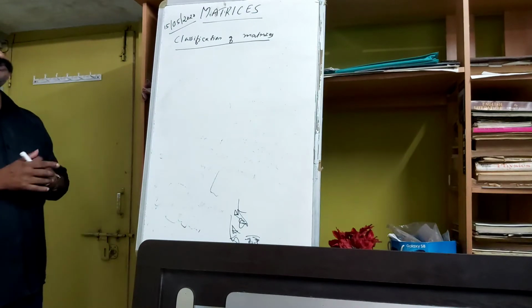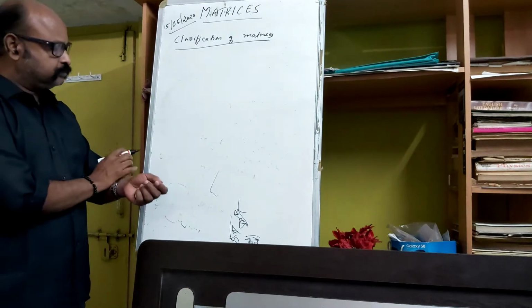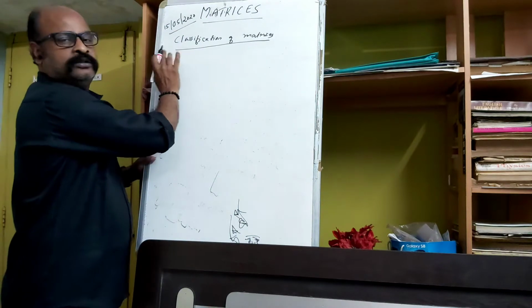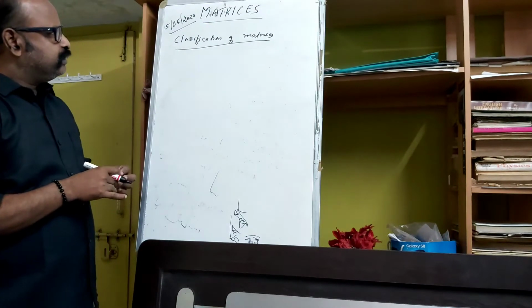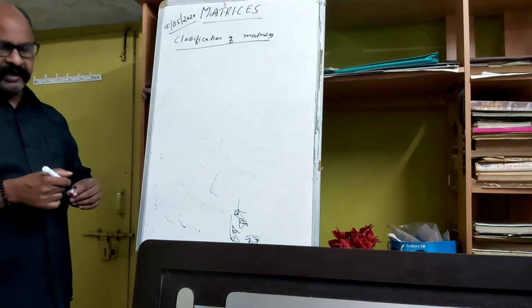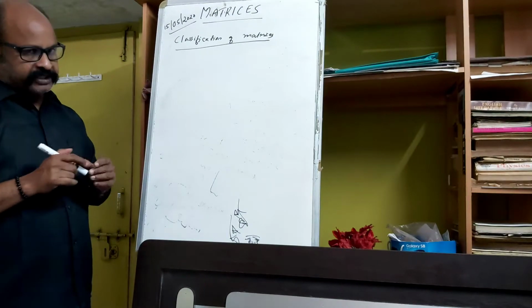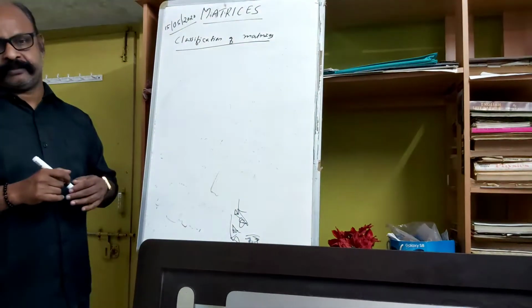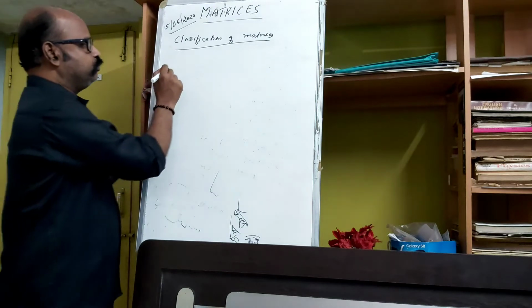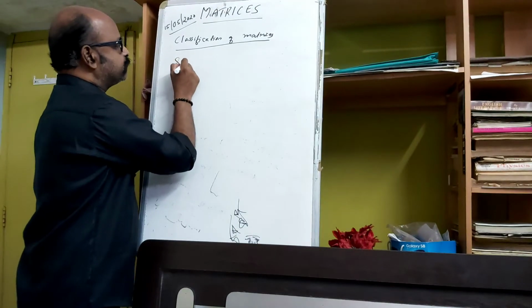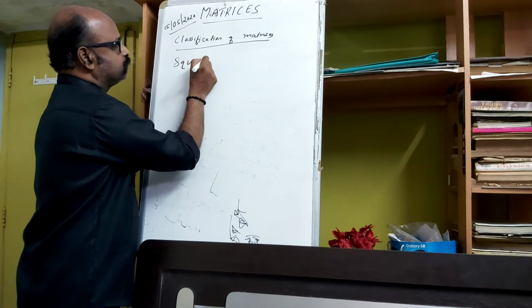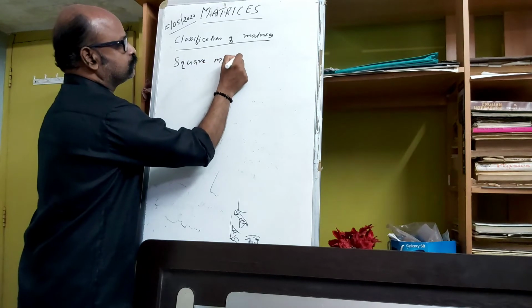Okay, now we continue with the classification of matrices. We have discussed row matrix and column matrix. Now we come to another type of matrix, that is the square matrix.